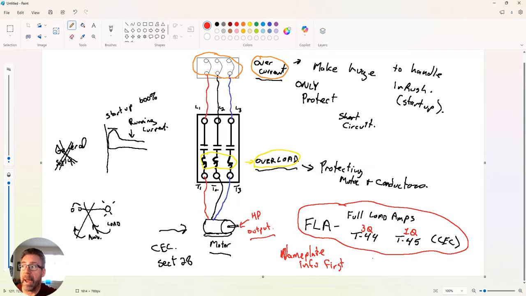If you were to do a comparison based on the same voltage, just choose like 230 volts, 230 volts for a 7.5 horsepower motor for 3-phase is going to draw 22 amps. If we were to go to Table 45, it's going to draw 40 amps.